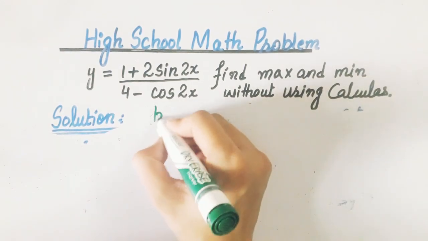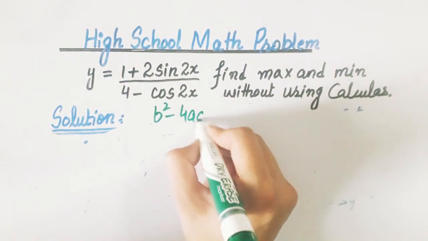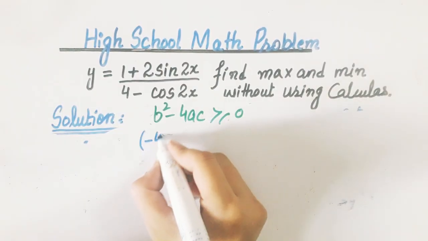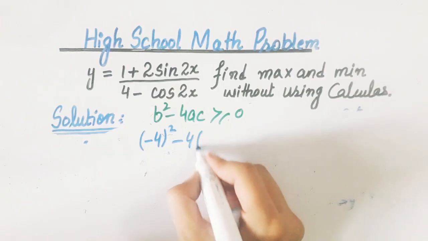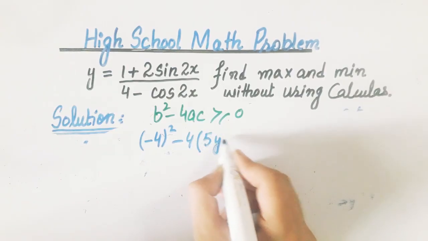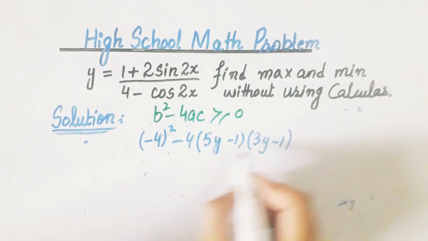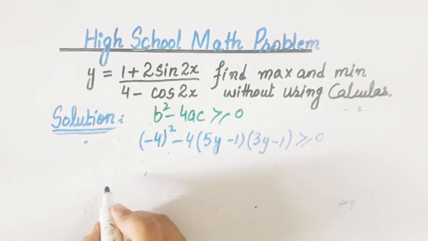So we put the values in this and get minus 4 square minus 4 into (5y minus 1) into (3y minus 1), and this is greater than or equal to 0.